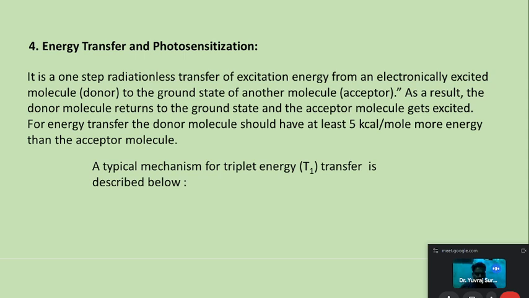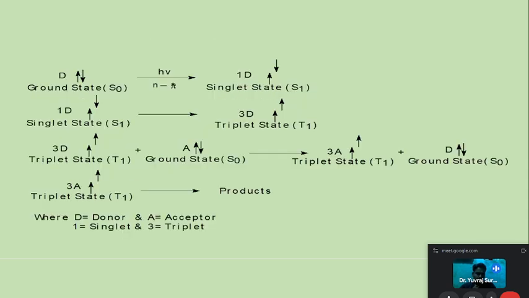For this energy transfer, the donor molecule should have at least 5 kilocalories per mole more energy than the acceptor. We see the typical mechanism for a triplet energy, T1, transfer as follows. D is the donor, A is the acceptor, and 1 is a singlet state, 3 is a triplet state.